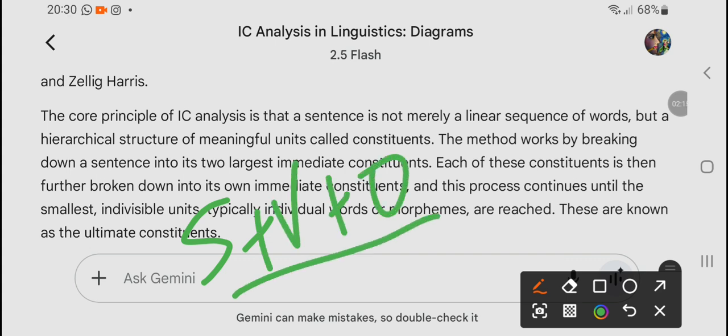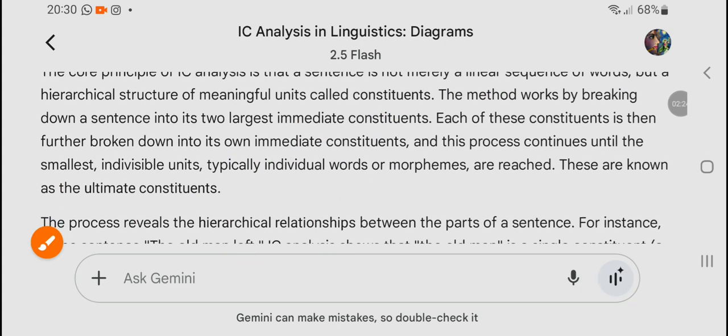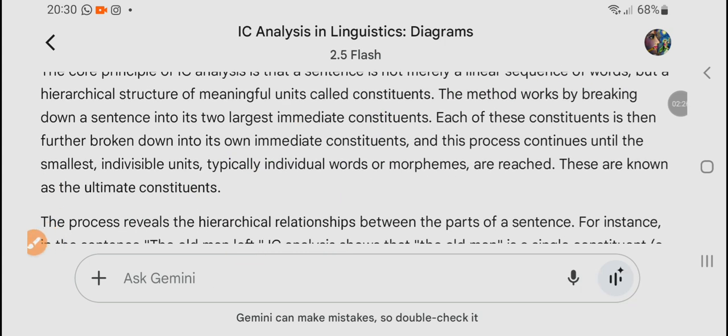It's not just a linear sequence of words, where we just put any words in a line. No, it is a hierarchical structure of meaningful units called constituents.